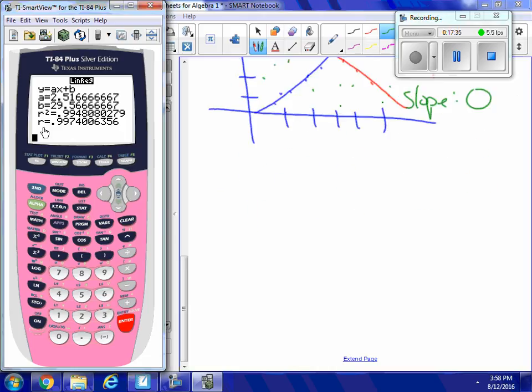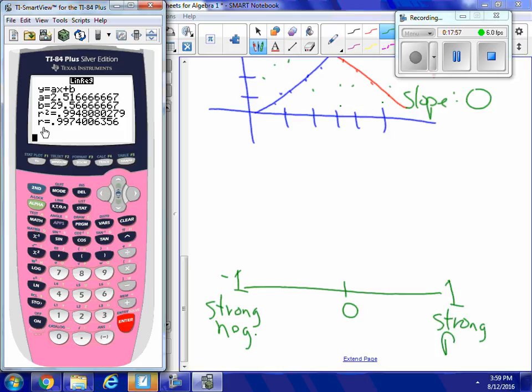Here's positive 1. Here's -1. Here's 0. This is the strongest negative correlation you can possibly have. And this is the strongest positive correlation you can possibly have. At 0, it is the weakest correlation of all.